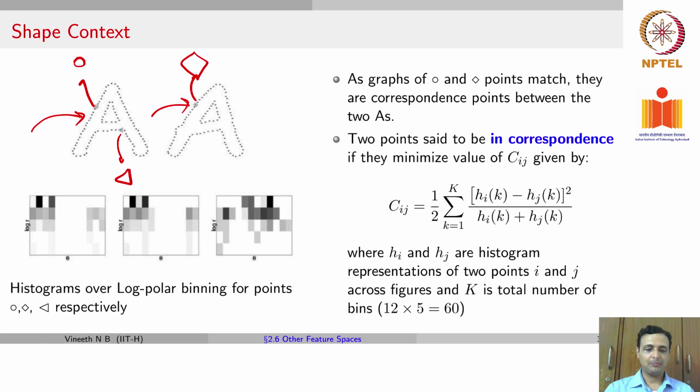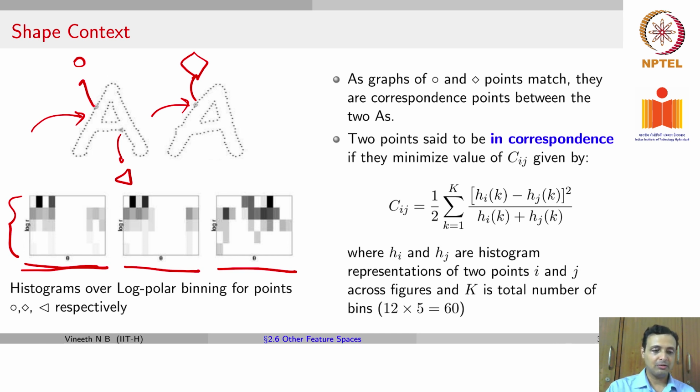The first one is the representation of the circle, the second one is the representation of the rhombus, and the third one is the representation of the triangle. How did these representations come? There are 5 bins in terms of log r, or the log radial distance, and 12 bins in terms of your theta, or your angles around the center.